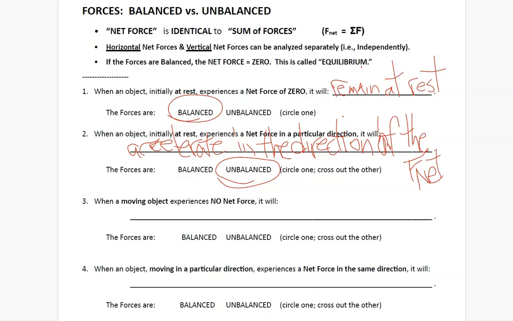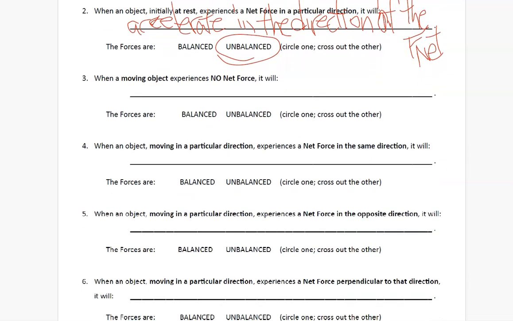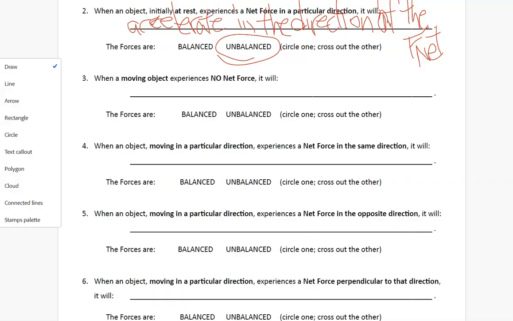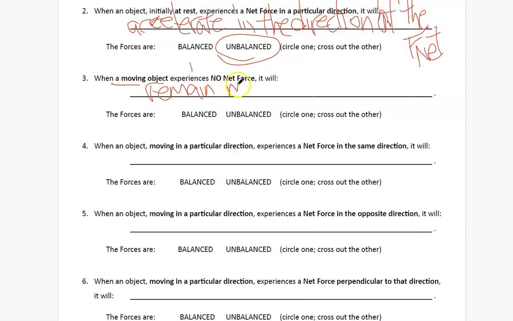All right. Number three, when a moving object experiences no net force, all right, so now it has a velocity, and there's no net force on it. Well, Newton's first law, just like in number one, says if there's no net force on the object, it'll continue doing what it was doing. If it was at rest, it'll stay at rest. If it's moving, it will remain moving in the same way it was moving before.